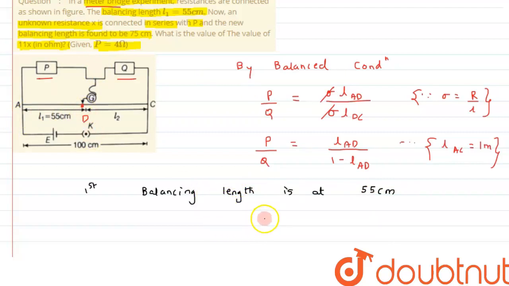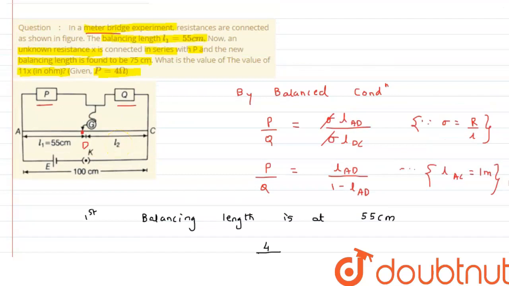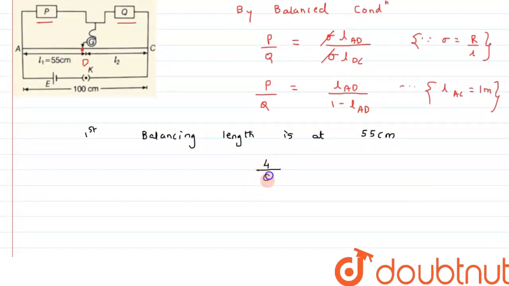So P is given to be 4 ohm, divided by Q, we can consider the resistance of Q as Q only. So we will put Q over here and divide by LAD, that has been given as 55, the balancing length, and divided by 100 minus 55, which will be 45 over here.